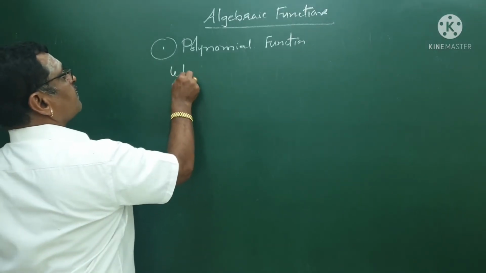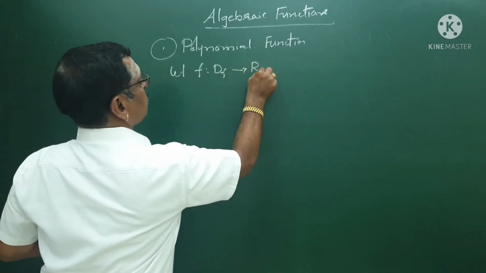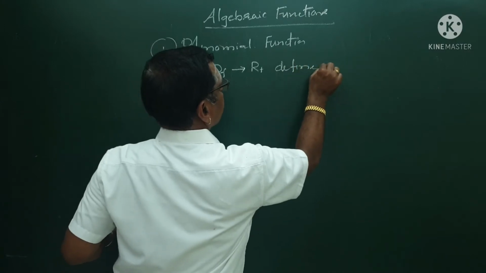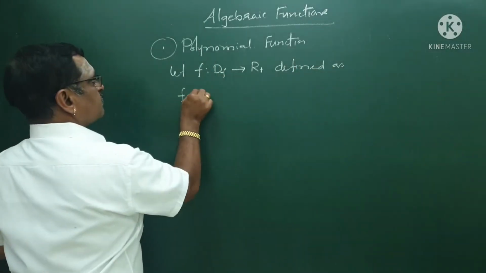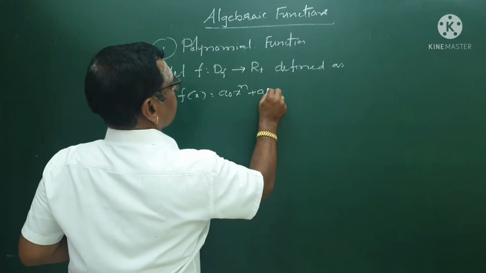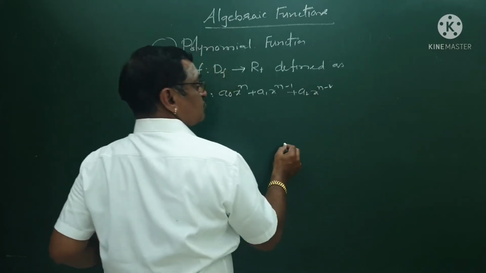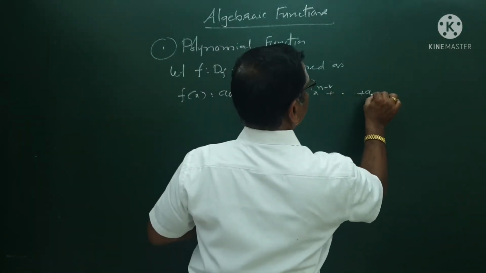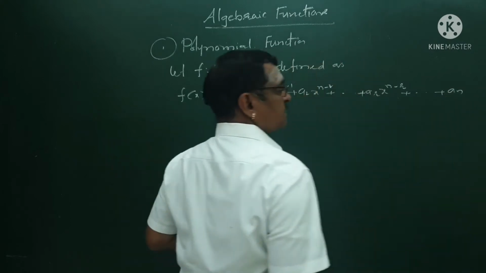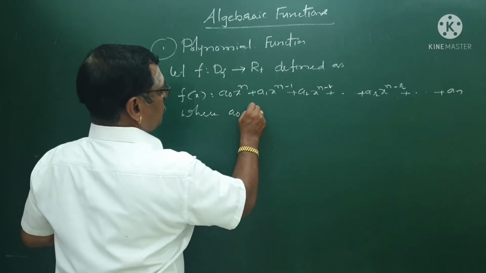Let f map domain of f to range of f, defined as f of x is equal to a naught x to the power of n plus a1 x to the power of n minus 1 plus a2 x to the power of n minus 2 and so on, plus ar x to the power of n minus r and so on, plus an, where a naught is not equal to 0.